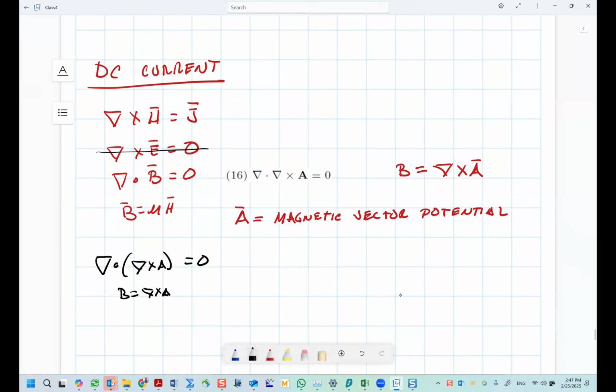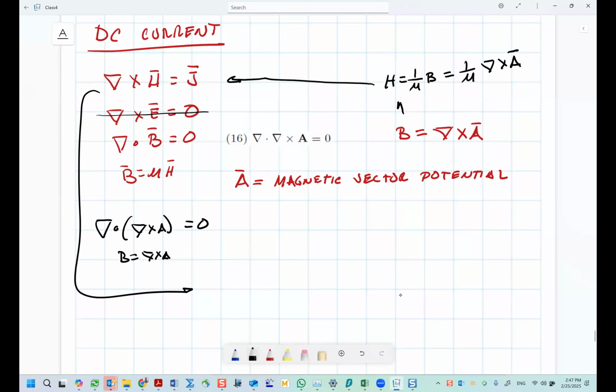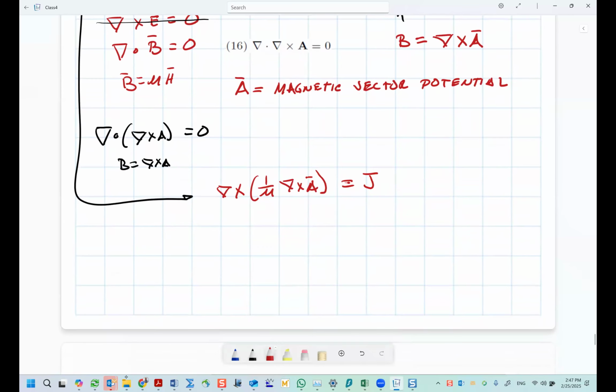So what I'm going to do is work upwards, and I'm going to say H will be 1 by mu, the curl of A. And then I am going to put this in here and follow the arrow, and it will get me the curl of 1 by mu the curl of A equal to J. Assuming that things are all nice and beautiful, then I have the curl of curl of A equal to mu J.